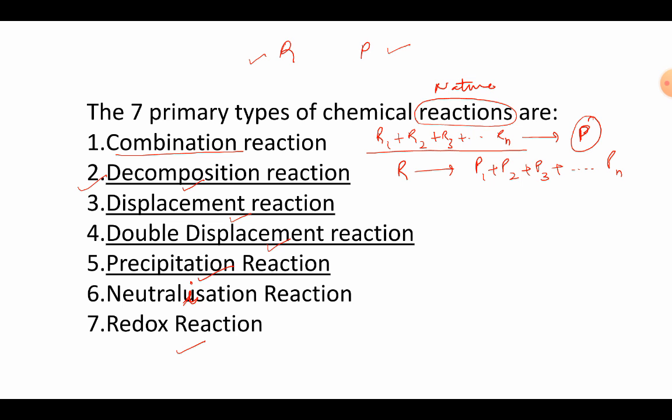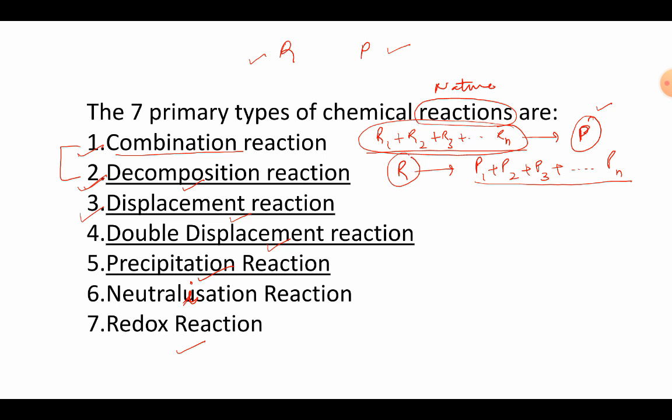Okay, so now I guess we all can see that combination and decomposition reactions are opposite of each other. Why are they opposite of each other? Combination has two or more reactants which combine and form a single product, but decomposition has a single reactant which breaks up, which decomposes, and forms two or more than two simpler products, right? So their nature is opposite to each other.